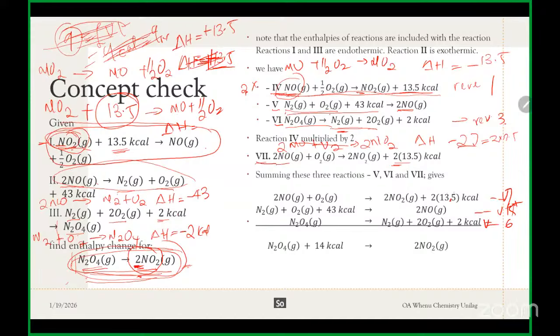So if you sum this all up, we get that equation, N2O4 plus 2NO2, or you can write N2O4 going to 2NO2, and delta H is positive 14.0 kcal per mole.